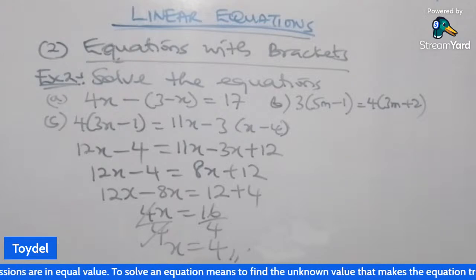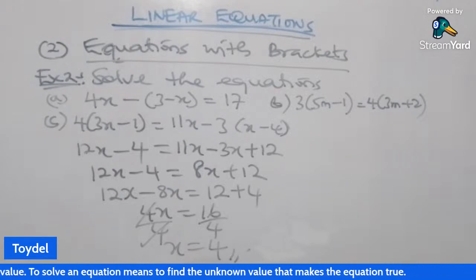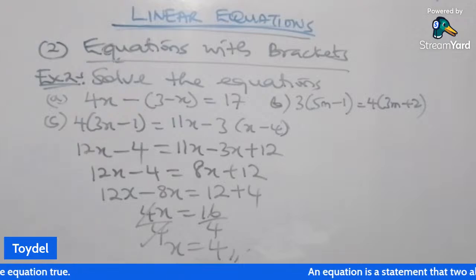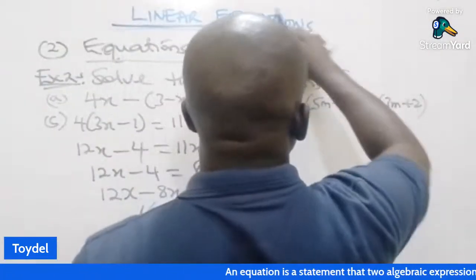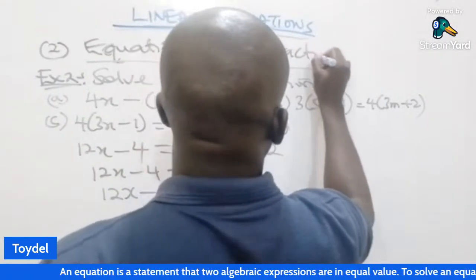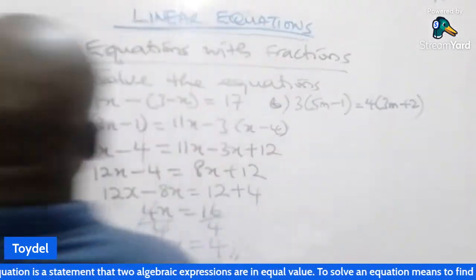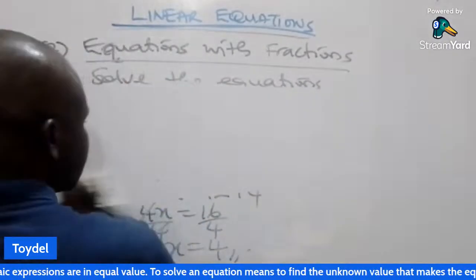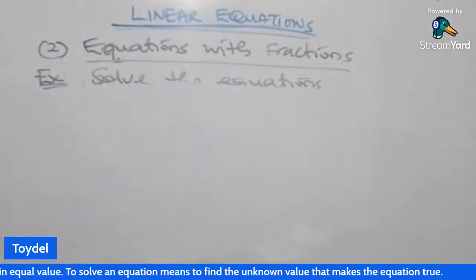Then we go ahead and tackle the third subtopic, which is equations with fractions. If you have linear equations with fractions, of course we know fractions have a numerator and denominator. So we think about 2 or 3 examples on this also.